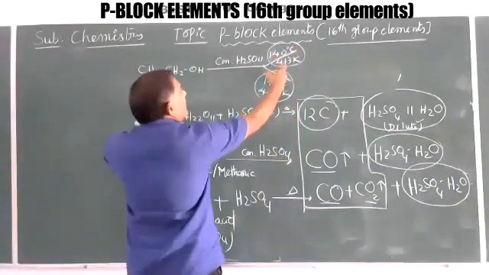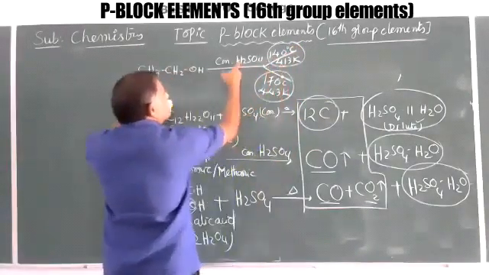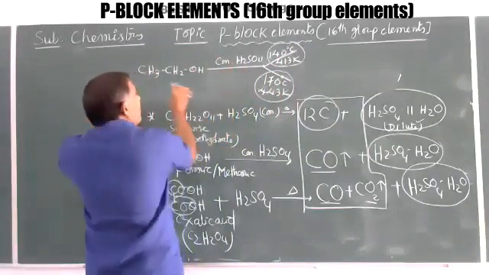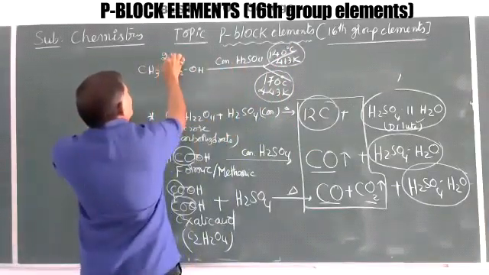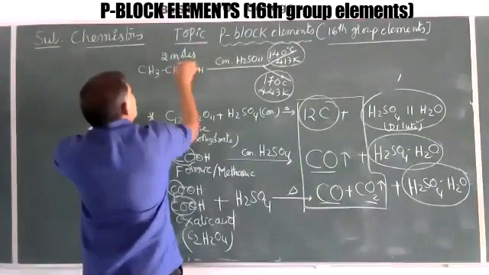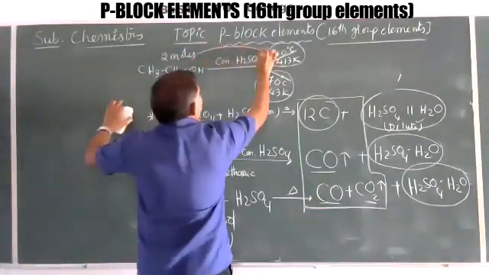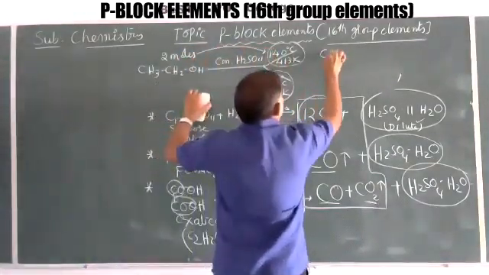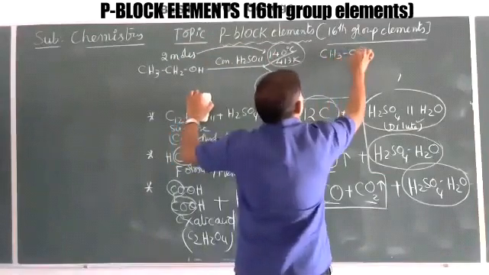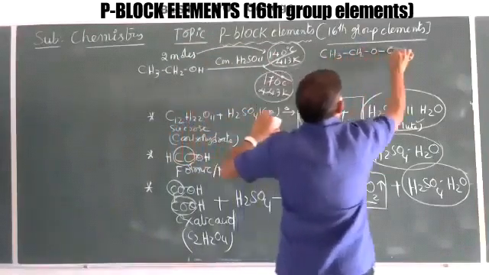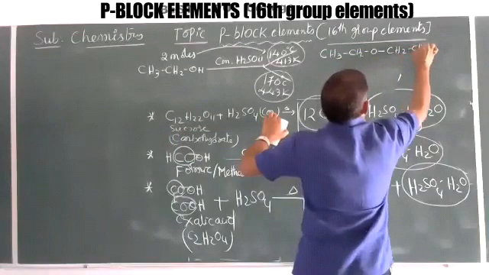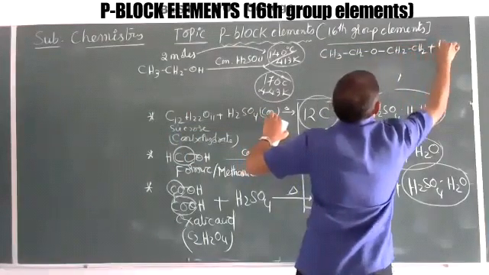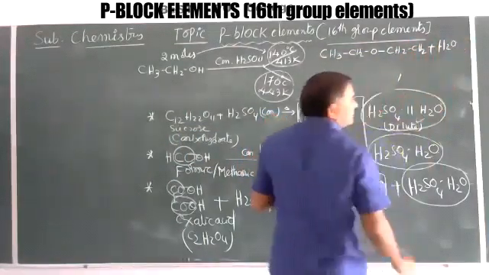At 140 degrees Celsius or 413 kelvins, with the help of this water elimination, here we can take 2 moles of ethyl alcohol to give the corresponding ether, like CH3CH2-O-CH2CH3, plus water is liberated.